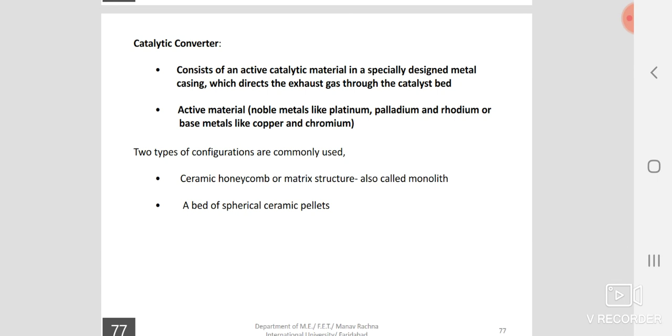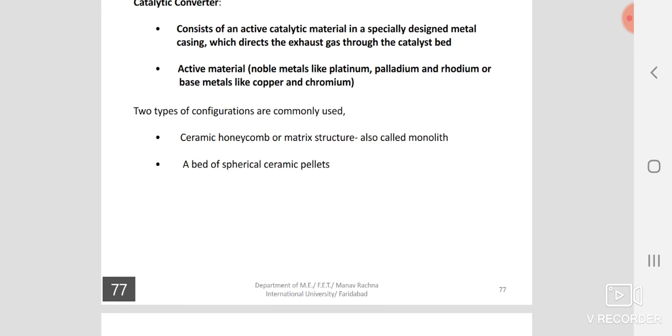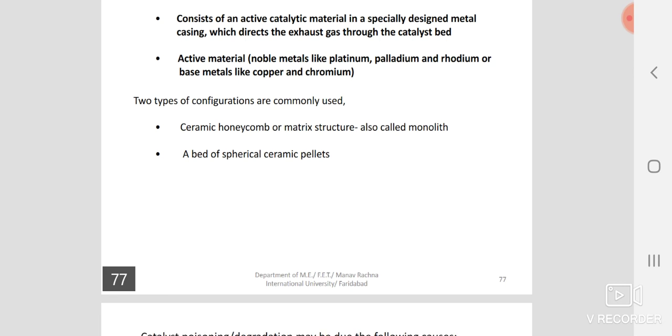Two types of configurations are mostly used: ceramic honeycomb or matrix structure, also called monolith, and a bed of spherical ceramic pellets. Now, honeycomb structure, I have said, exposes more surface area. If you make a honeycomb structure and pass exhaust gas through it, more and more surface area gets exposed. More surface area exposed means more reaction.